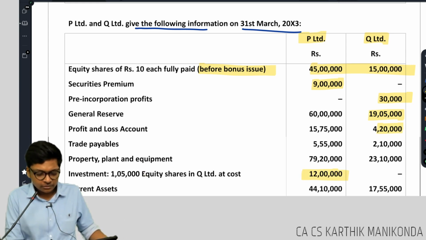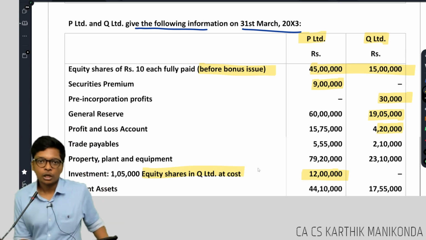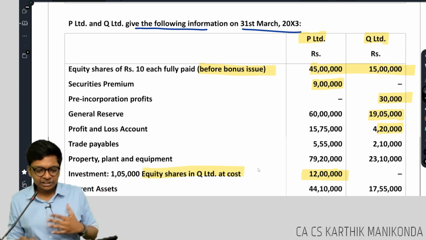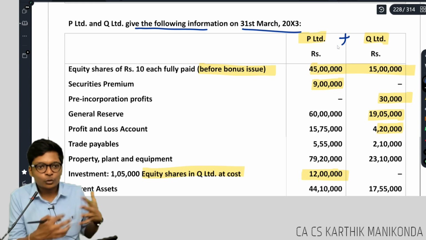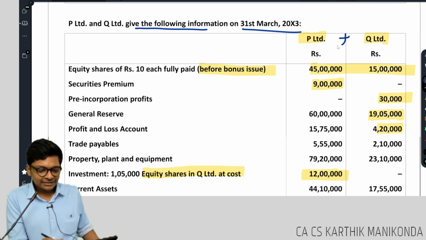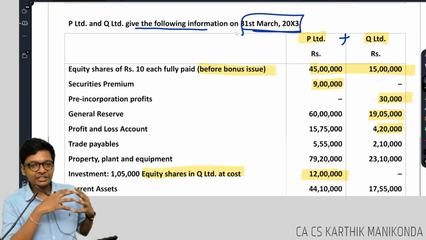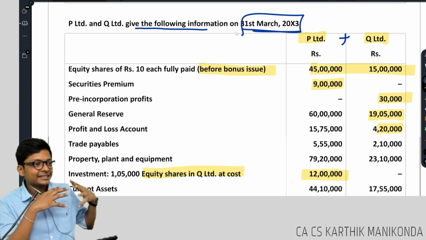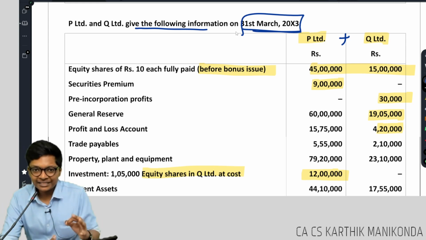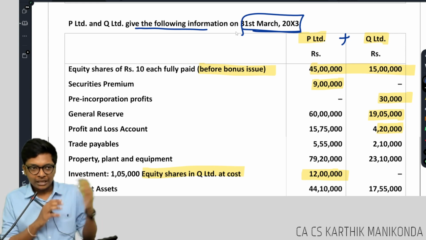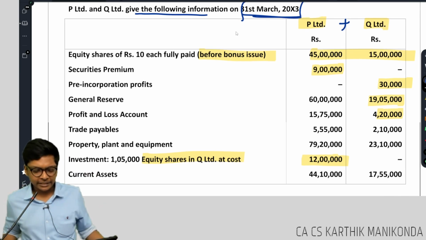This is nothing but the same thing that was there in the question above. Fine. This is the balance sheet. This balance sheet only I have to consolidate. This is the date of consolidation. P and Q only I have to do what guys? Consolidation. Everything else is going to be working notes above, all the extra information.